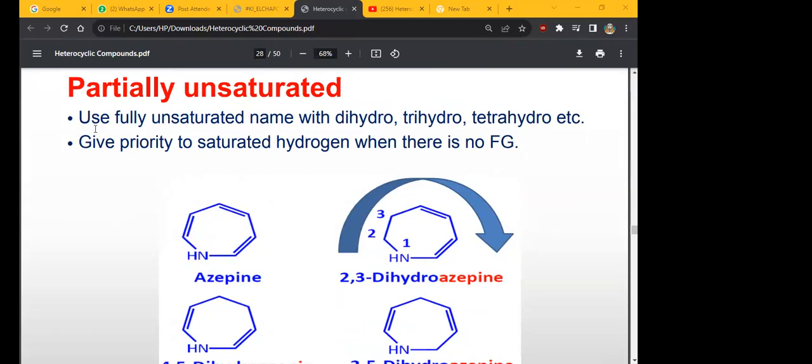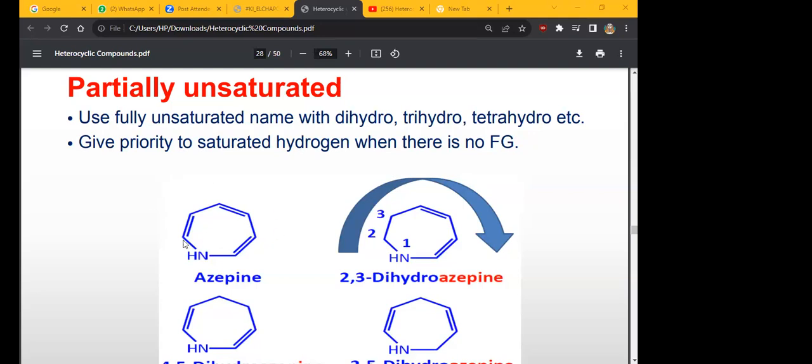So in such situations, you use the fully unsaturated name with dihydro, trihydro, tetrahydro, etc. We give priority to saturated hydrogens when there are no functional groups. So when there are no functional groups, we give priority to the saturated carbons. The numbering will favor these saturated hydrogens before the unsaturated ones.